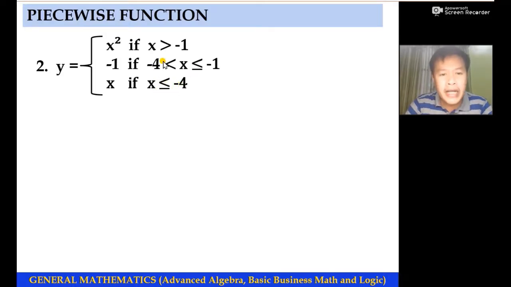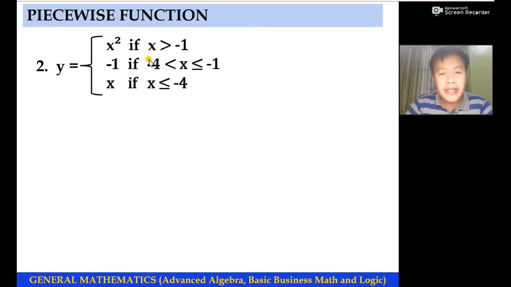Now take note, in these two functions, there is a common abscissa here. But in this abscissa, negative 1 should not be part of x, because if we are going to put an equal sign here and there is also an equal sign here, that will violate the concept of a vertical line test for a function.